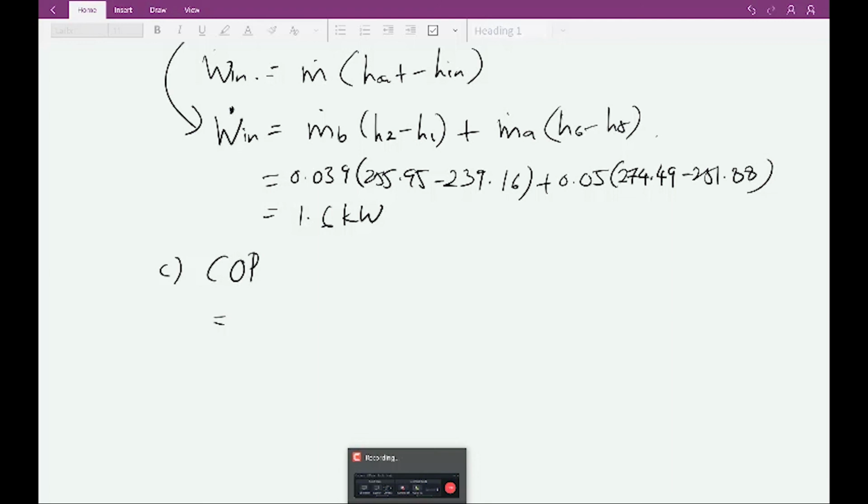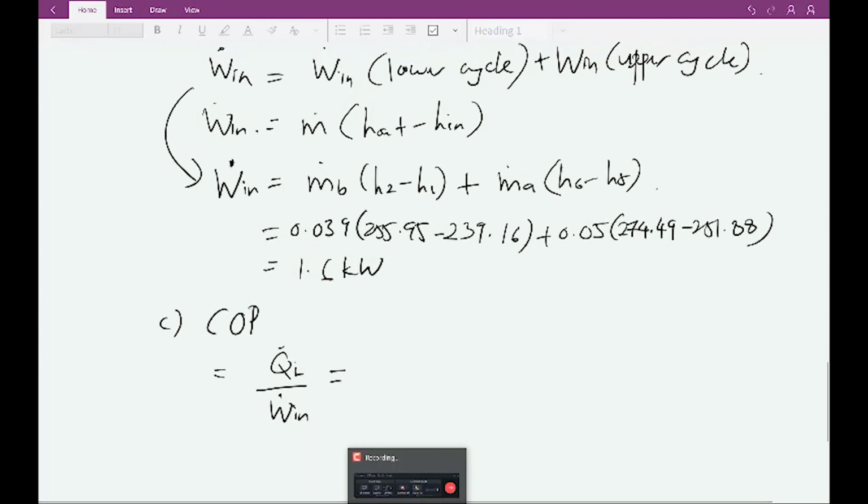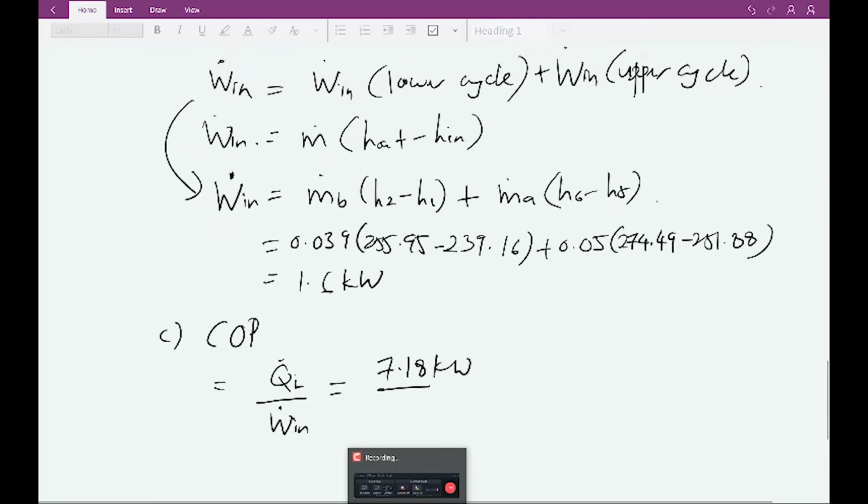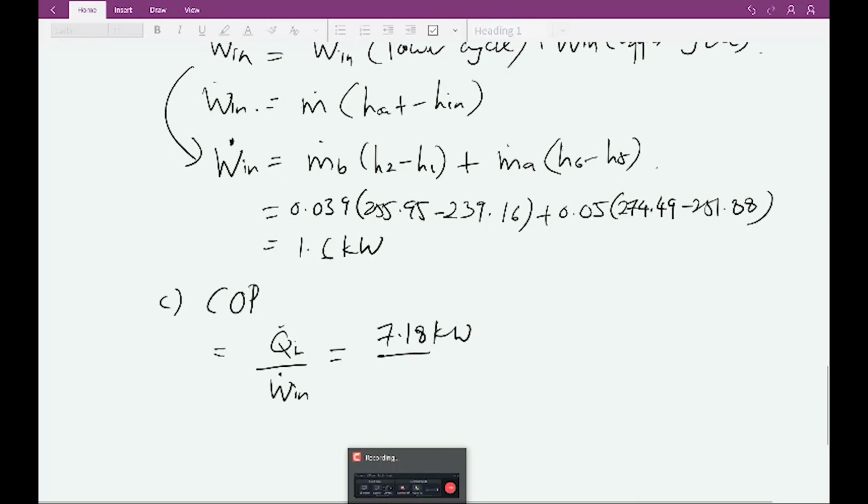COP equal to Q dot L, which is from your refrigerated space, divided by power input. From the previous two questions, your Q dot L is 7.18 kilowatt divided by the power input, 1.6 kilowatt.